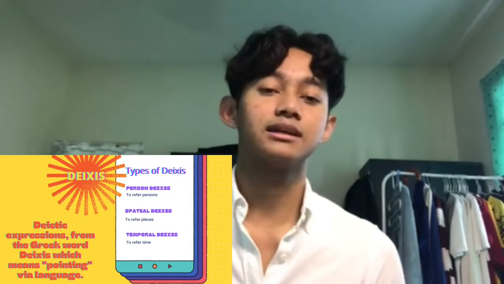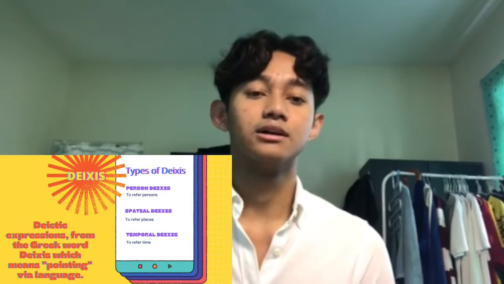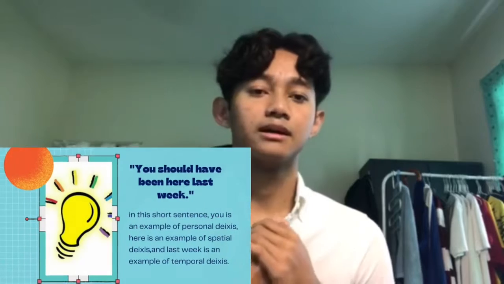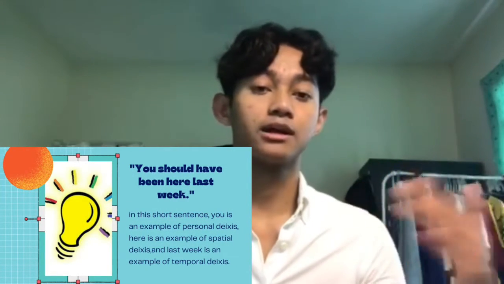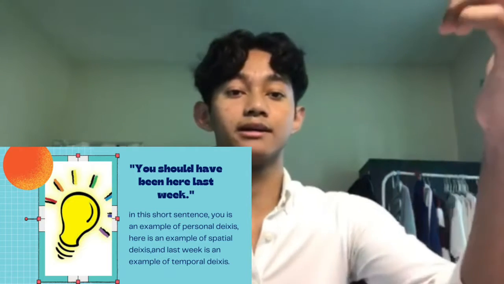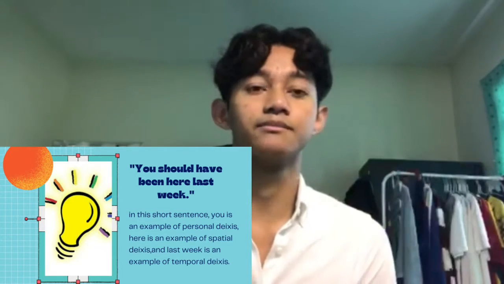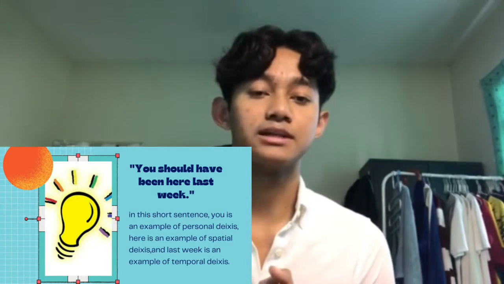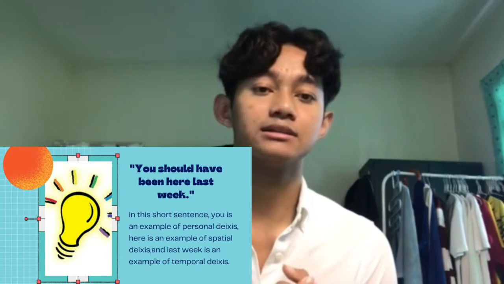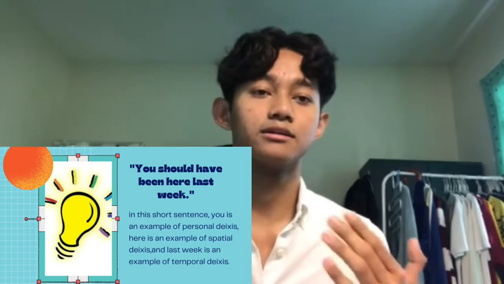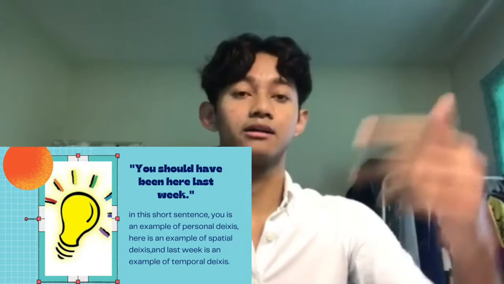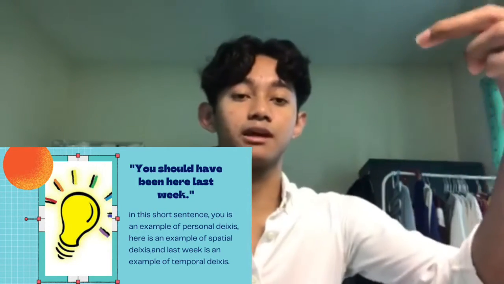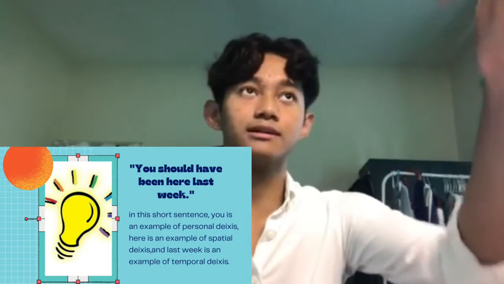Examples for person deixis are me, you, ours, that girl, him, her. For spatial deixis, which refers to places, examples are here, there, behind me, in front of me, over there, those hills.